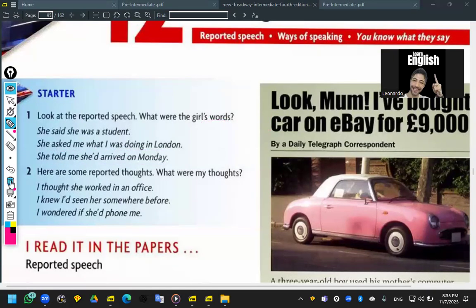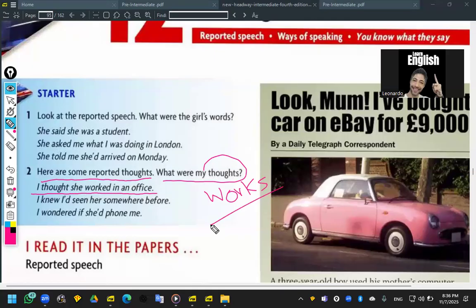Question number two is, here are some reported thoughts. What were my thoughts? One, I thought she worked in an office. So I think she works in an office.